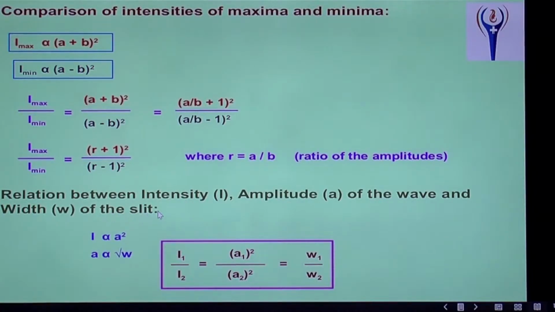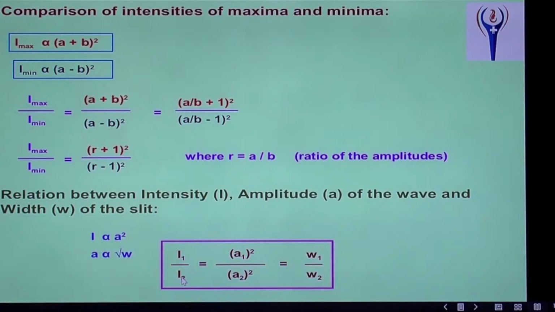Here R is the ratio of the amplitudes. And relation between intensity, amplitude and width of the slit. Already we know intensity is proportional to A square and A is proportional to square root of width.